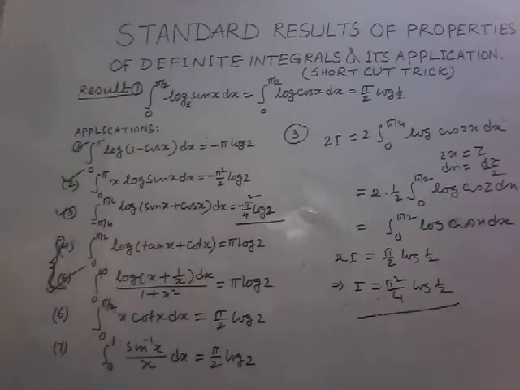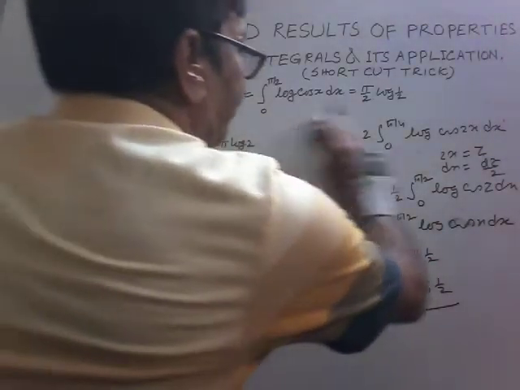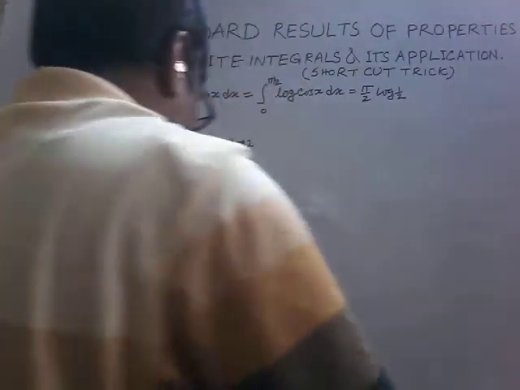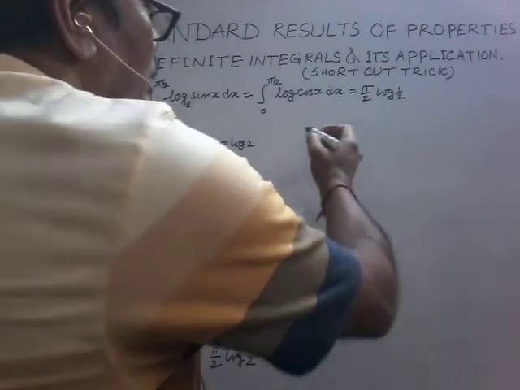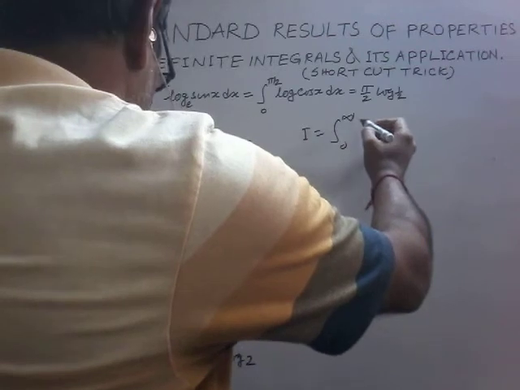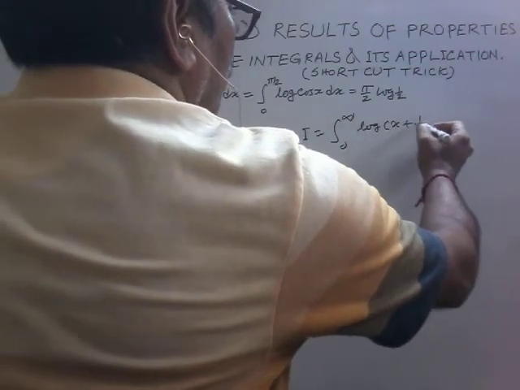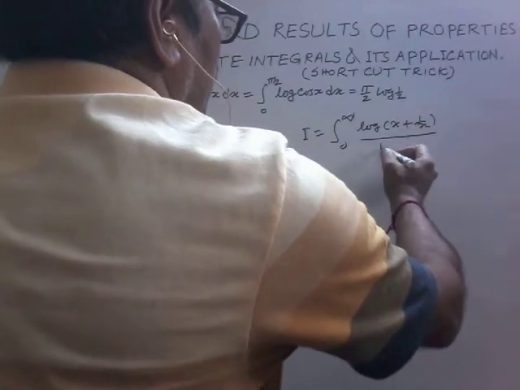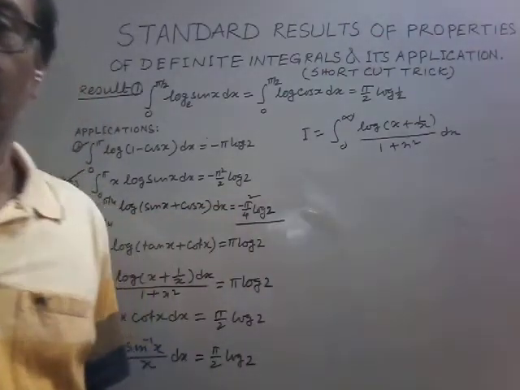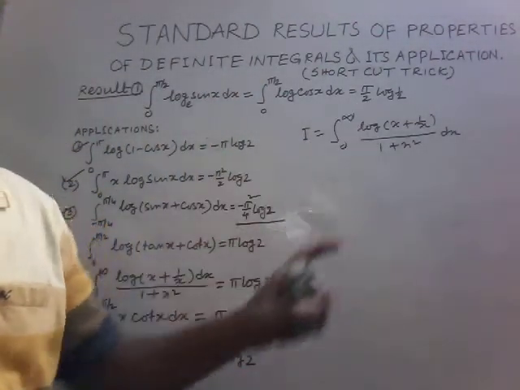So we consider problem number 5. What is our integration? 0 to infinity log of x plus 1 by x, by 1 plus x square, dx. So we know this limit is infinite.